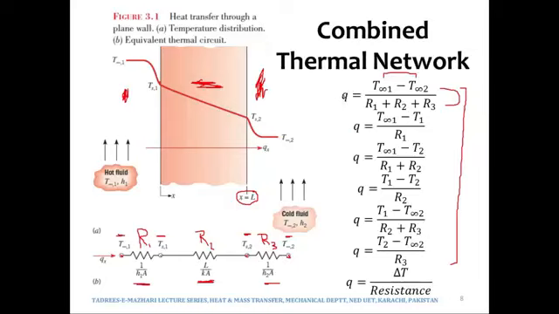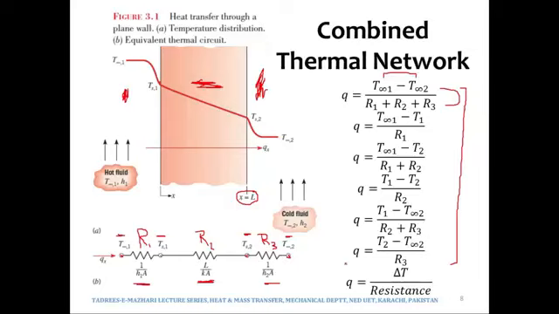So whether we calculate Q using the first expression or the second or any of those expressions, if we get 50 watts from the first one, we will get 50 watts from all the rest of the expressions, no matter what expression we use, provided, and this is a big if, that the system is working under steady state conditions. So if the system is working under steady state conditions, then the heat transferred from point A to point B will be the same as the heat transferred from point B to C, and it will be the same as the heat transferred between any two points. It will remain the same.